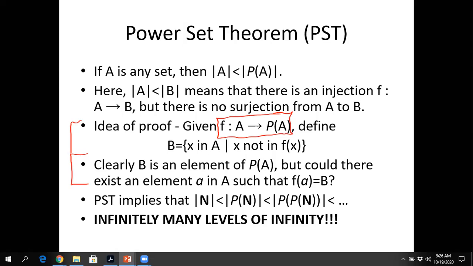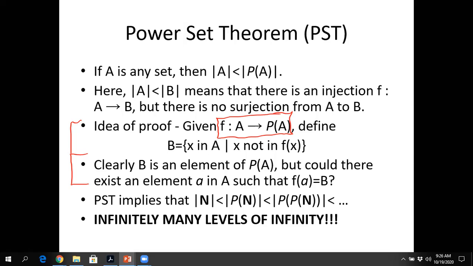A are the inputs, and the power set of A are the outputs for this function. And I define this special set B, which is the set of X, the set of inputs, where that input is not an element of its output. That input is not an element of its output.